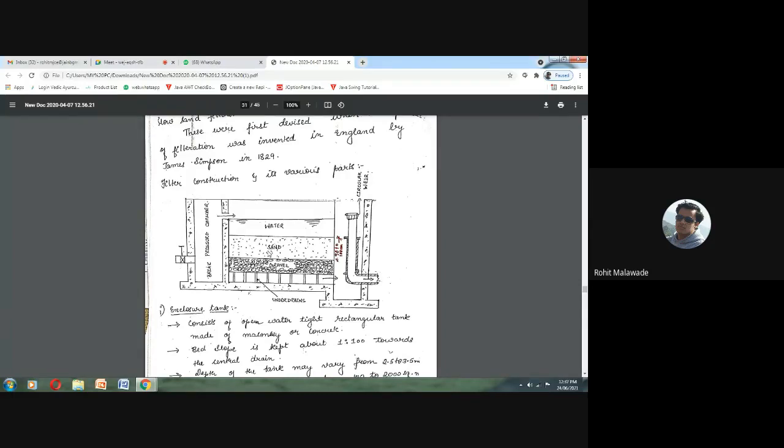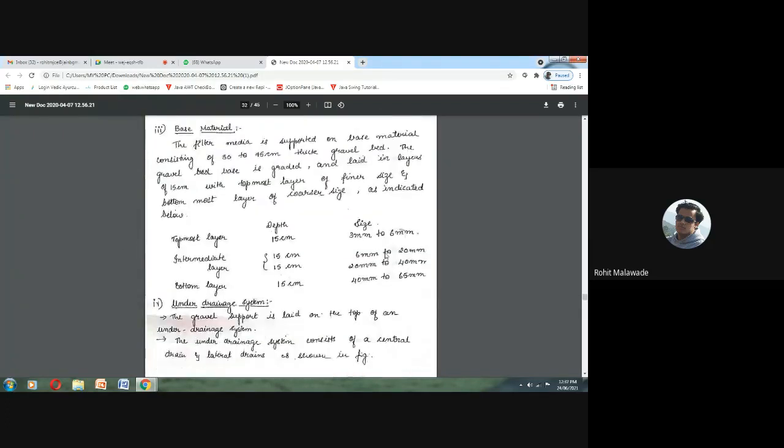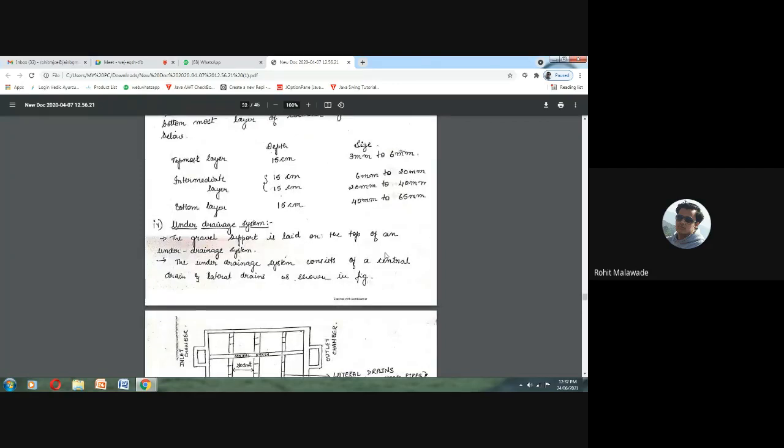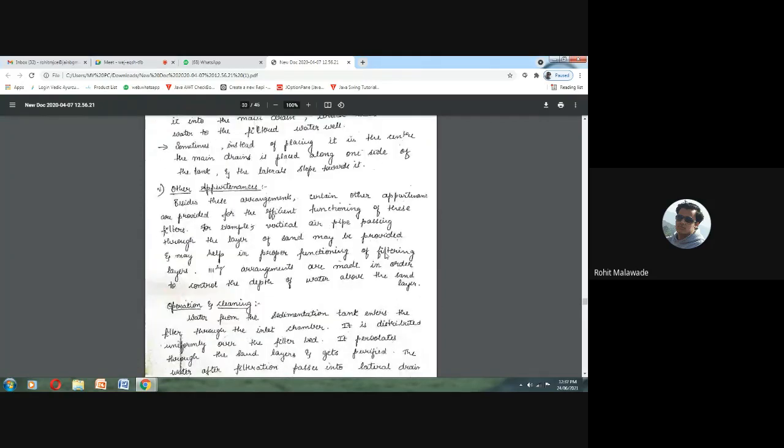If we don't clean it, we may again be affected by waterborne diseases, because as I have told you, the finer suspended particles may give growth of larvae or microbes in it, and then it is again going to be polluted water. So we need to have regular maintenance of our slow sand filter. If we don't carry it out, it will give us bad odor and we may again have waterborne diseases.